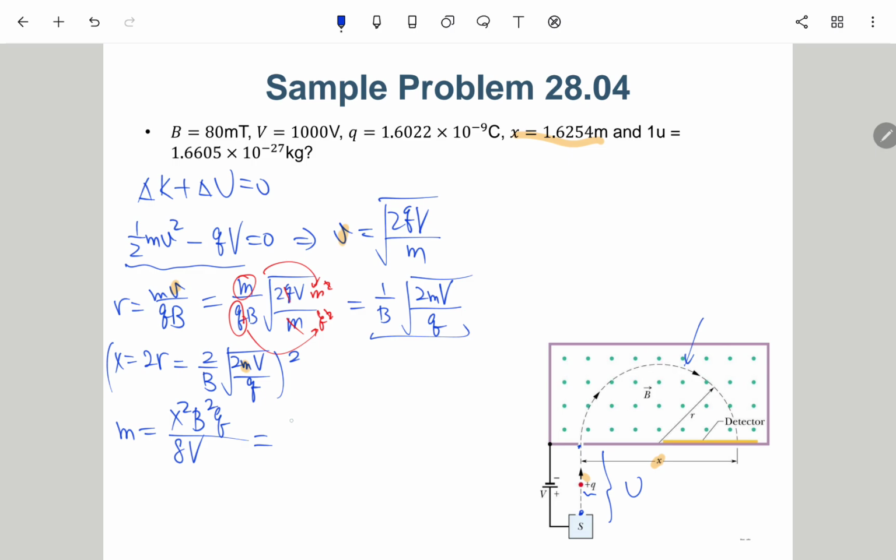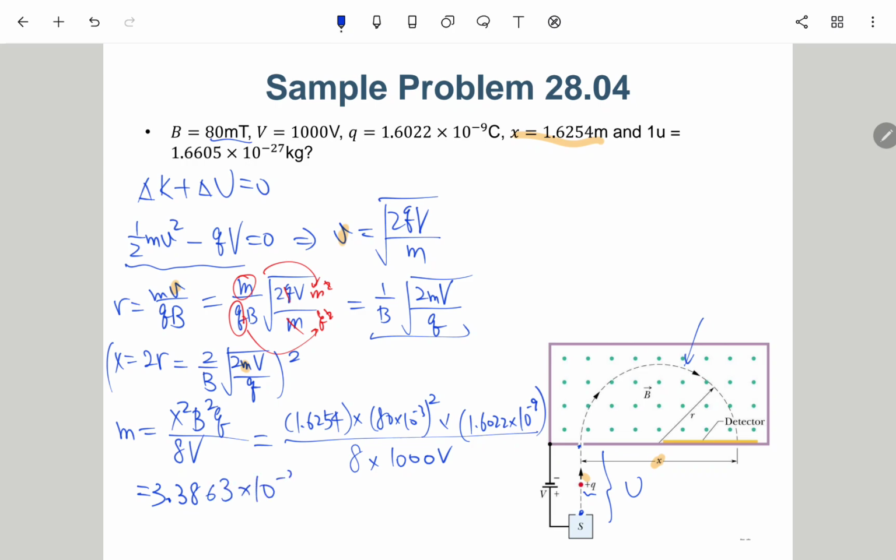So x is 1.6254 meter, times B, which is 80 times 10 to the negative third quantity squared, times 1.6022 times 10 to the negative 9, all over 8V, where V is 1000 volt. So this is 3.3863 times 10 to negative 25 kilogram.